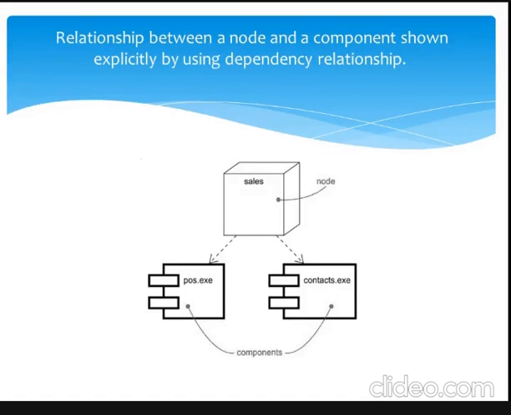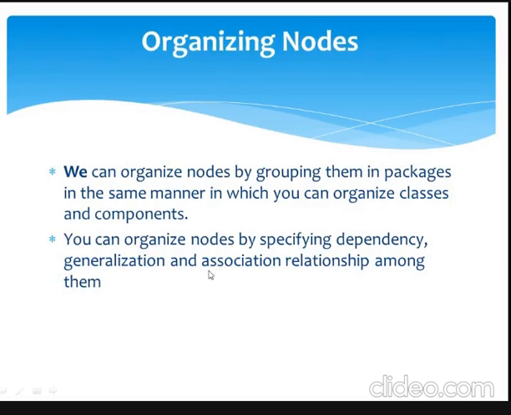Here the relationship between node and component is represented by using a dependency relationship. The node sales depends on these two files, pos.exe and contact.exe. These files are nothing but the components. The sales node is dependent on these two files by using a dependency relationship. So how do we organize the nodes?